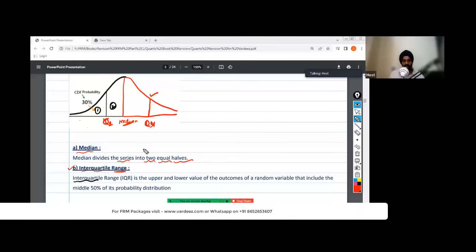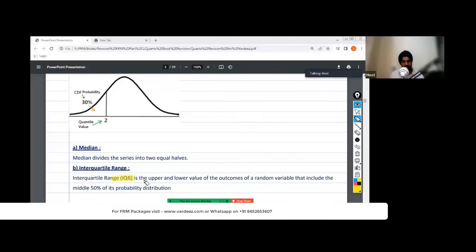Essentially, the interquartile range helps you find the values within the middle 50%. As you can see, this is 25%, this is 25%, this is 25%, this is 25%. So all I'm trying to do is find the values within this middle 50% of the data. That is the job of the interquartile range.